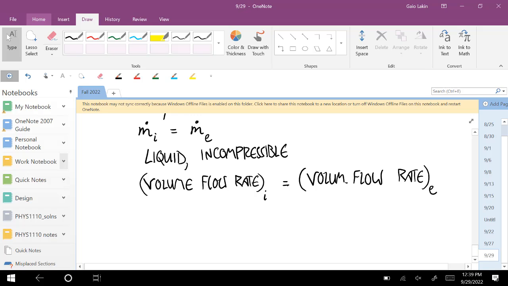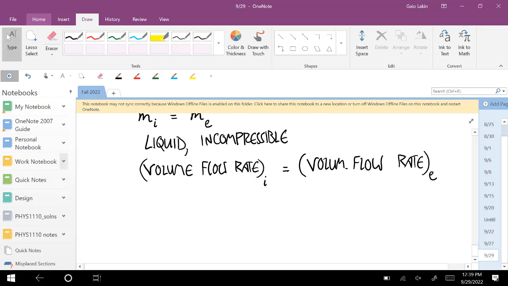And what can we say about the speeds? Well, the volumetric flow rate is equal to, actually, instead of using this, let's just go back to the mass.